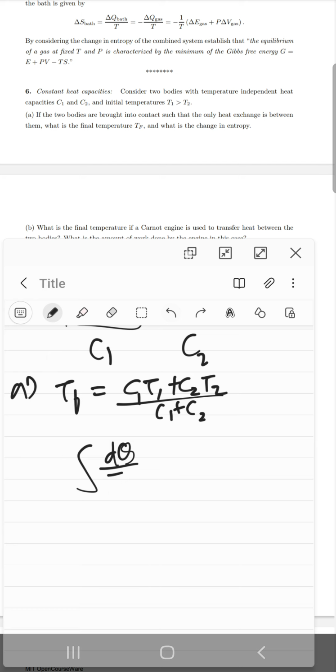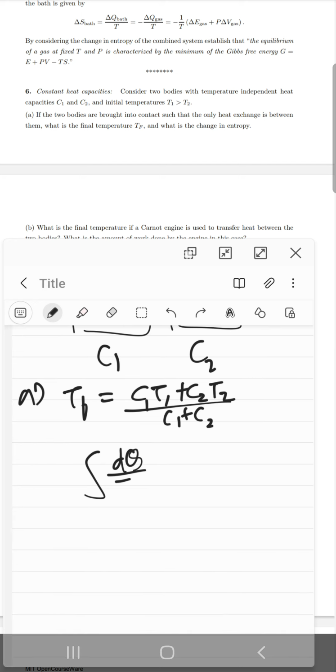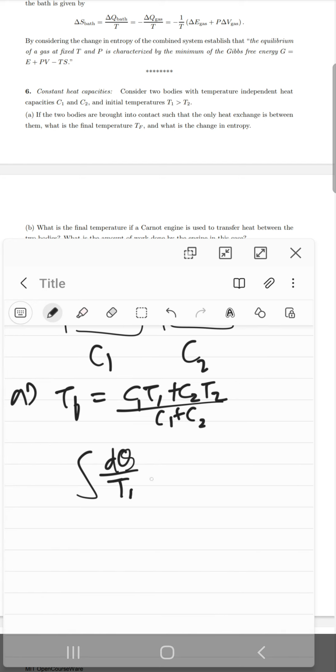Let's just assume that T2 is bigger than T1. So we have dq upon T1 minus dq upon T2, where dq is the heat element flowing at a particular time.